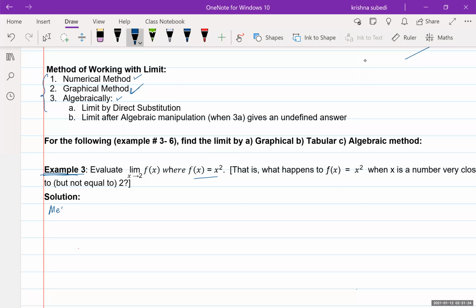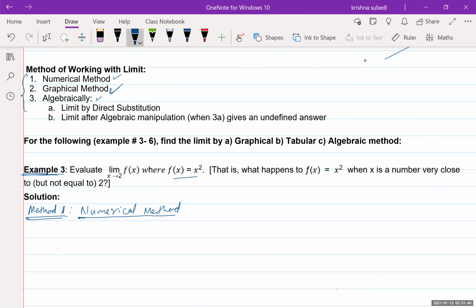So now method 1. Numerical method. So in the numerical method, what you want to do is just draw a table.